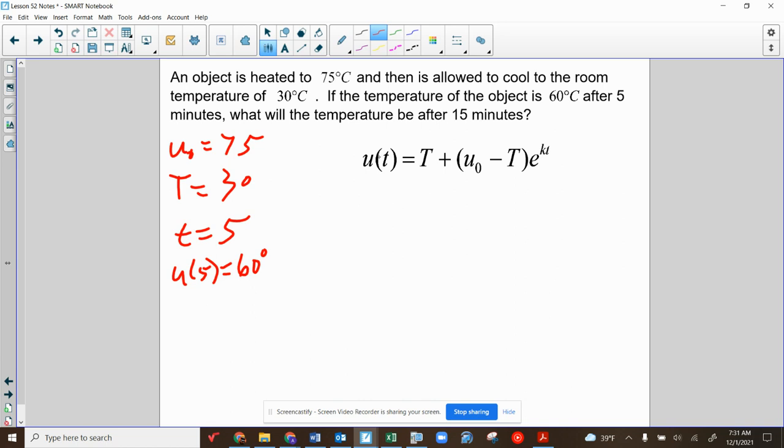So let's put those things in the proper places. So that would be 60 there. Room temperature is 30. Item temperature 75. Room temperature again is 30. We don't know what K is. That's what we're looking for. And it was 60 after 5 minutes. And then we have to take this and solve it.